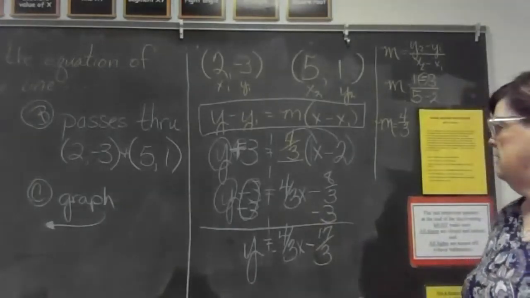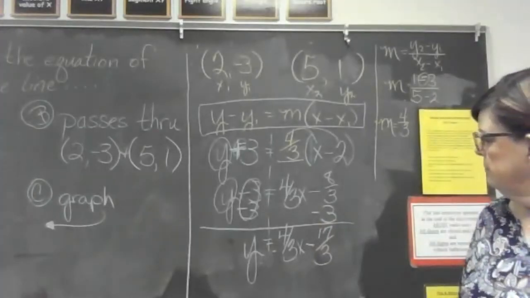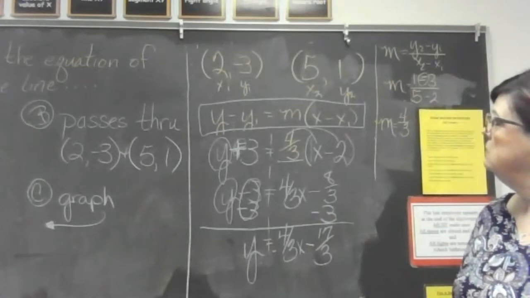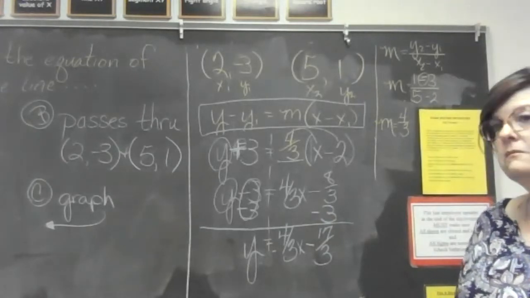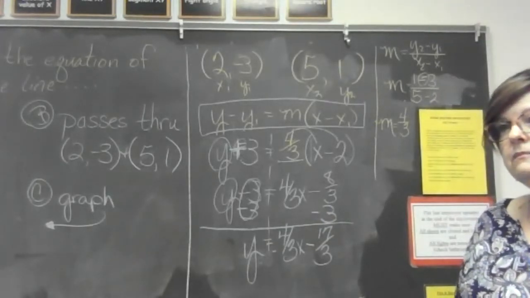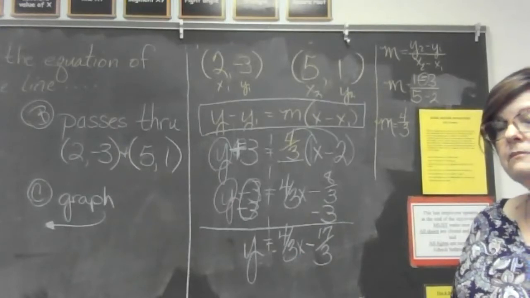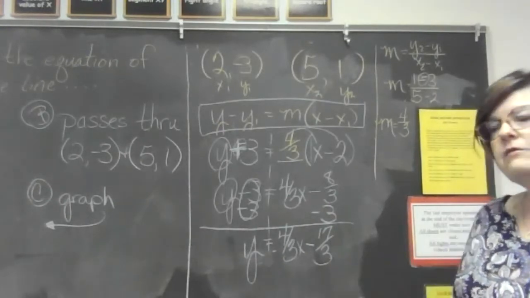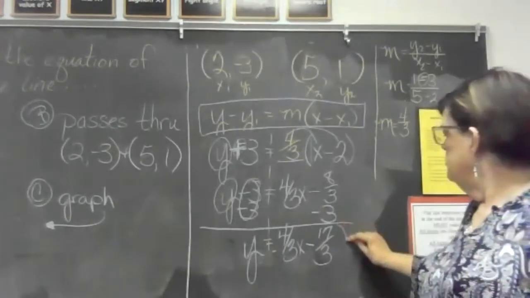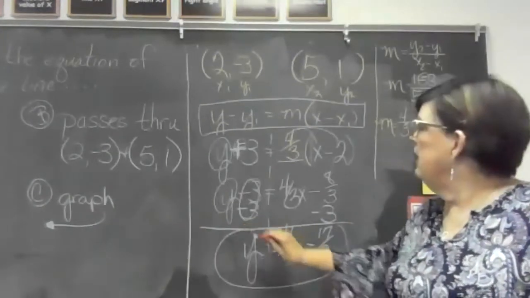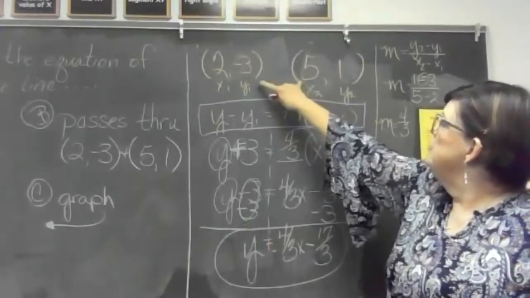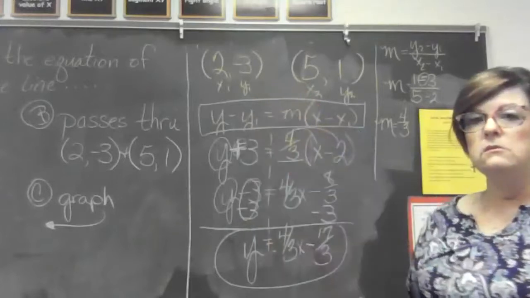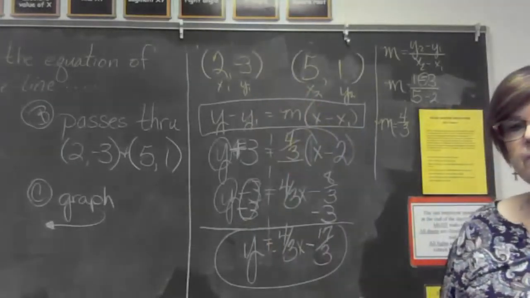You missed one of the signs. Take away 3. -17/3. Okay. So this is your equation of a line that passes through these 2 points. Any questions?